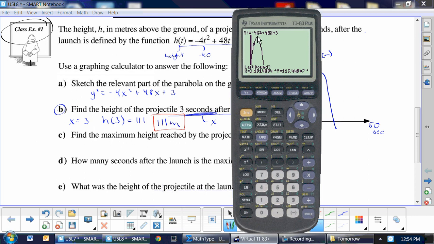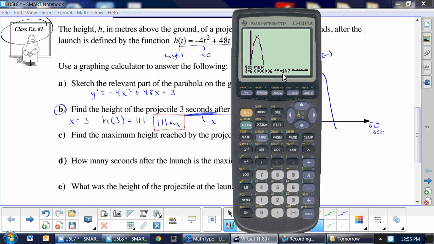The maximum on our graph is right here, so when it says left bound, we hit enter when our little blinker is to the left of the maximum. It changes to right bound, so we move this to the right of the maximum, and then we hit enter twice. And we get that the maximum is x equal to 6 and y is equal to 147.